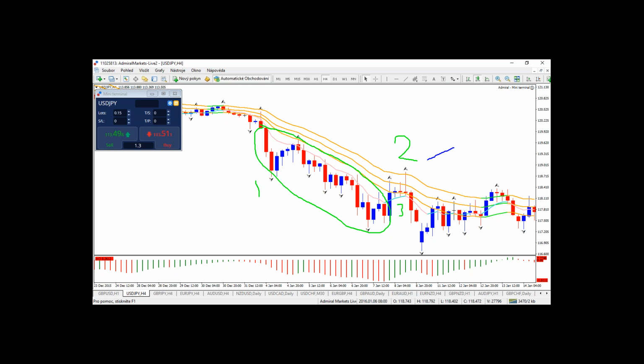It goes the opposite direction and then turns back into the direction of the trend. The first candle that does that. So that's step 3. And the first candle that does that is this one right here. So what we have is basically momentum, pullback, continuation.